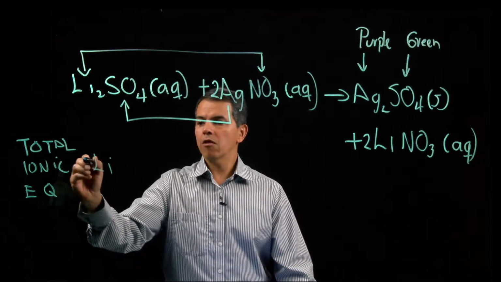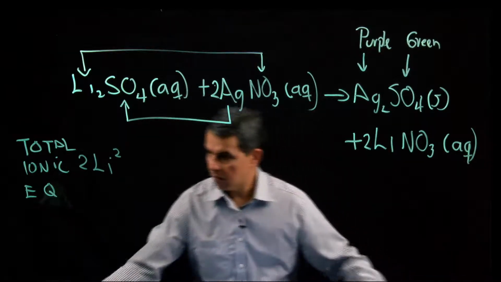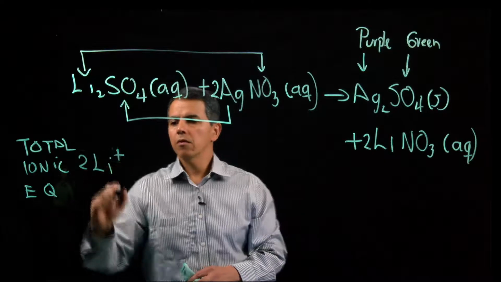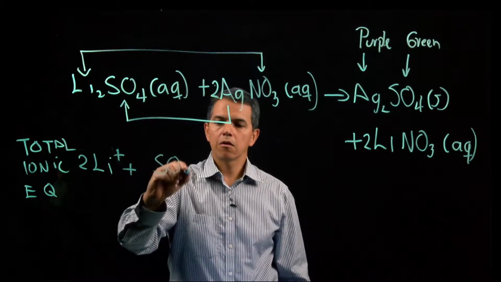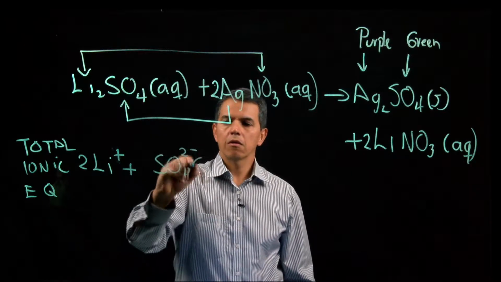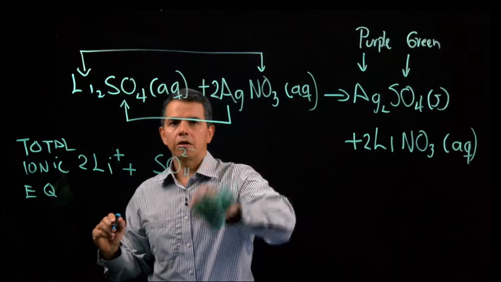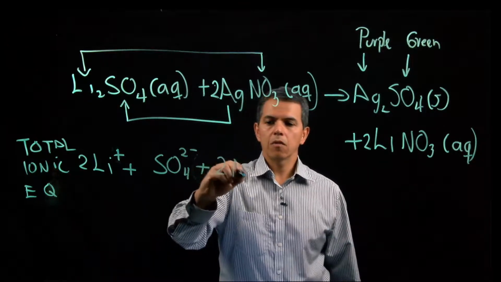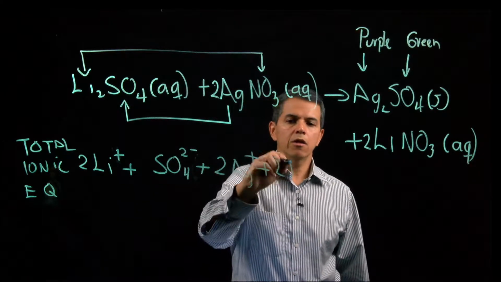So we want to have lithium and we are going to have sulfate. I will not put aqueous here. It's understood that this is aqueous. We are going to have silver. And we are going to have nitrate.